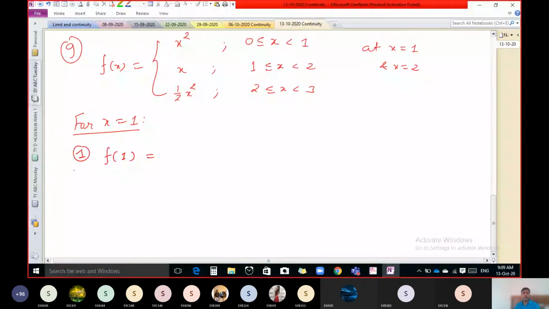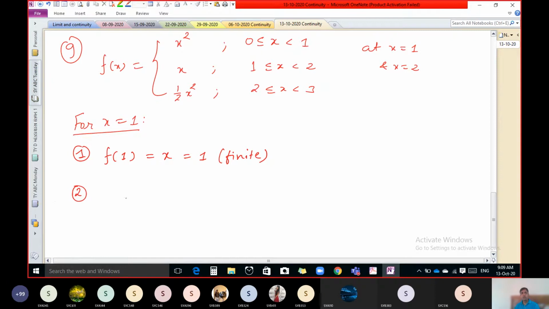Can you tell me when x is 1, what is the value of function? Which function we have to use, first, second or third? Second one. That means x, and in x we have to put x equal to 1, because x is 1 here and it is nothing but finite. So we can say that first condition is satisfied.